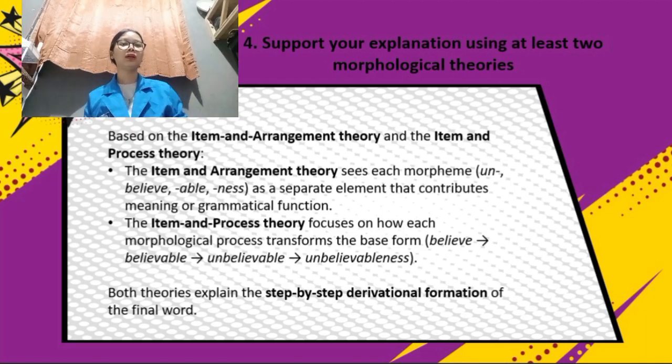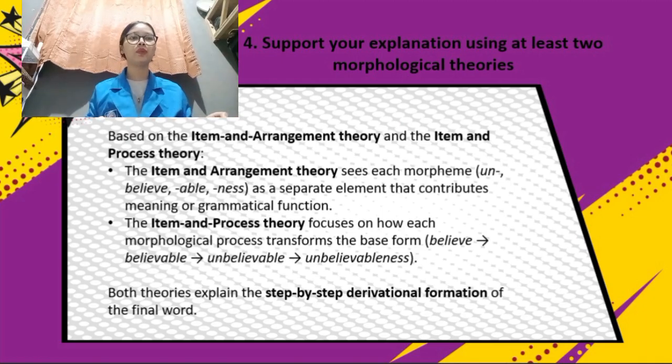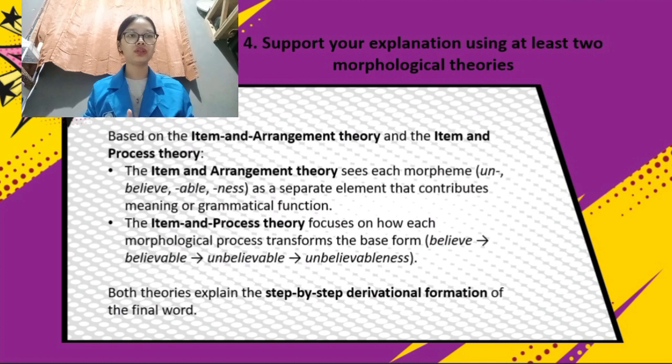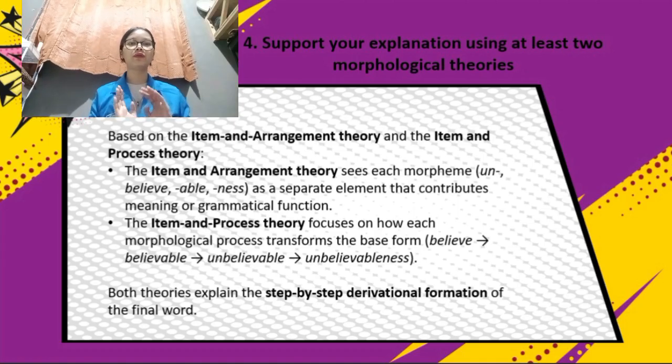For example, in unbelievableness, every part like un-, believe, -able and -ness plays its own role in building the full meaning. Meanwhile, the item and process theory focuses on how each process changes the base word. So it starts from believe, then becomes believable, unbelievable, and finally unbelievableness. These two theories together help explain how the word is formed step by step through affixation.